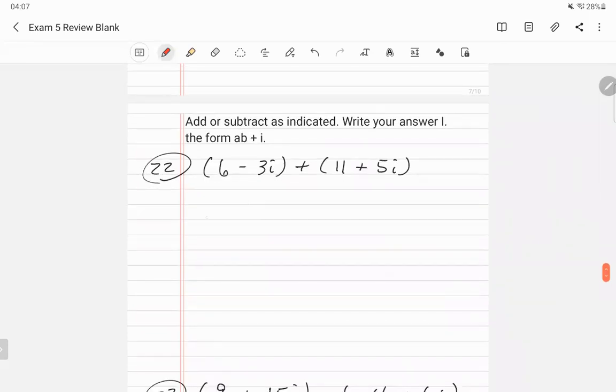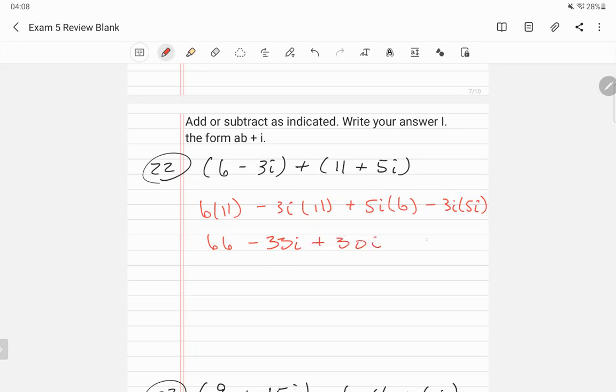Okay, we got to FOIL this. So 6 times 11 minus 3i times 11 plus 5i times 6 minus 3i times 5i gives me 66 minus 33i plus 30i minus 15i squared.